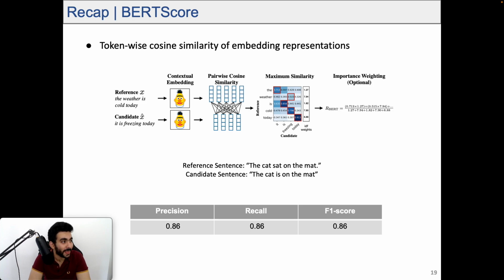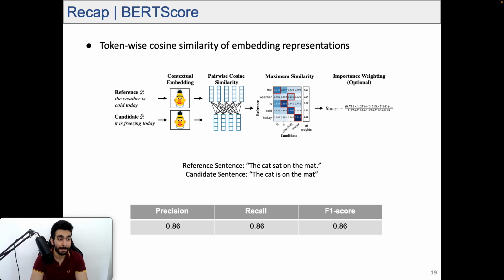If you remember, in the machine translation lecture, you went with the BERTScore, where you calculated token-wise cosine similarity of embedding representations. The embedding would then capture the contextual meaning or the contextual nature with respect to the reference sentence and the candidate sentence.